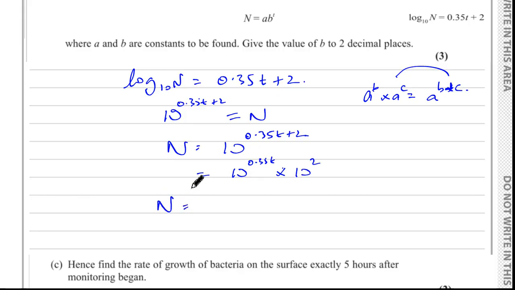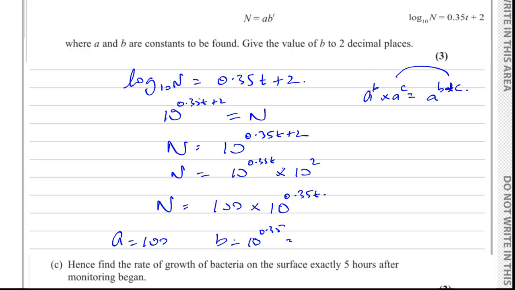So you can say n is equal to 100 times 10 to the power of 0.35t. Our b is 10 to the power of 0.35. So a is equal to 100 and b is equal to 10 to the power of 0.35, which we have to give to 2 decimal places.